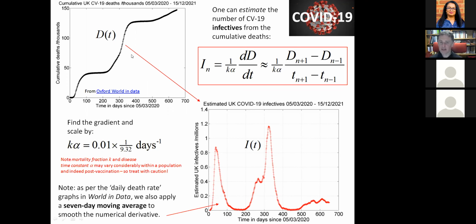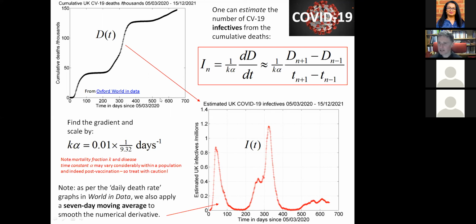However, I think it is worth noting that getting this graph of infected versus time from this is not always that clear. They do have something which looks like this on the Our World in Data website, which is the rate of change of D with time. So it's essentially a scaling of this graph. But this is how you can calculate it.